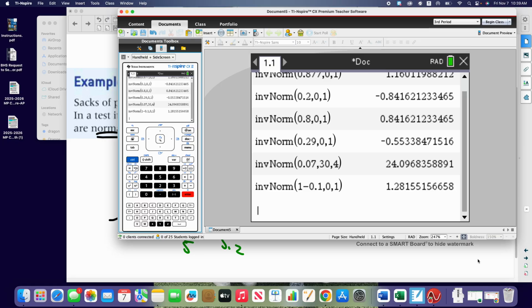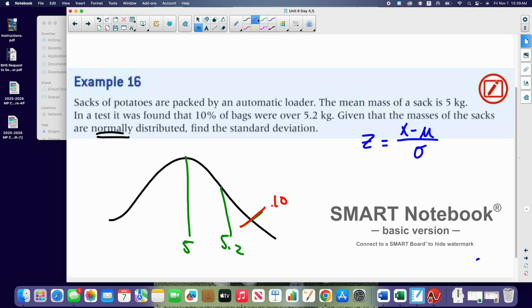So I'm going to take that z-score, 1.282 equals, what's the mean? 5. So minus 5. This x represents that 5.2, and I don't know the standard deviation. Everybody okay with the way that I've set that up? This is kind of the tricky part in this unit. Now, how do I solve that?